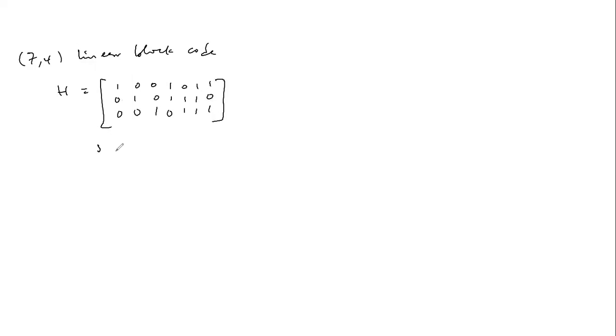Now, if the received vector R is 1 1 0 1 1 0 0, determine the corresponding transmitted code word. What is the transmitted code word?